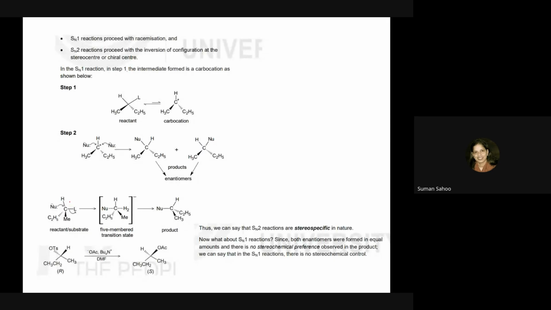If you take the R enantiomer, then that is going to give you the S product, and if you take S, then that is going to give you R. So the configuration of your product depends on your reactant. That means this particular reactant will give you this particular stereoisomer, so that is known as stereospecific.